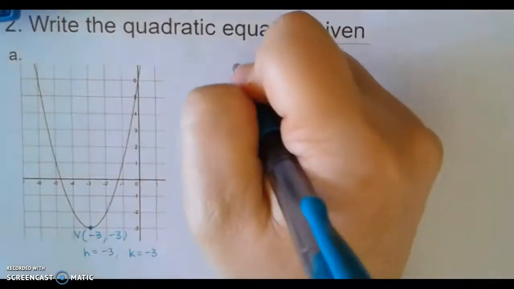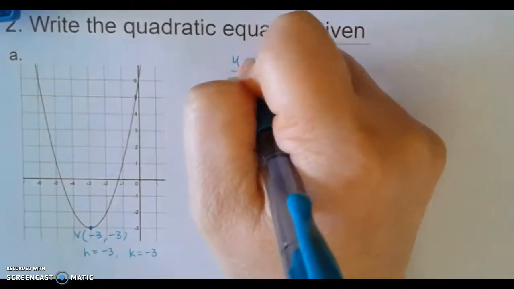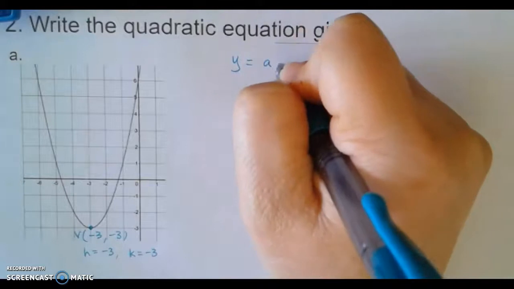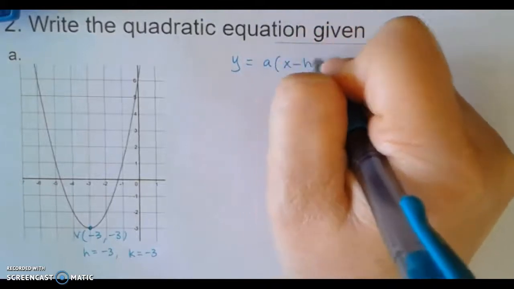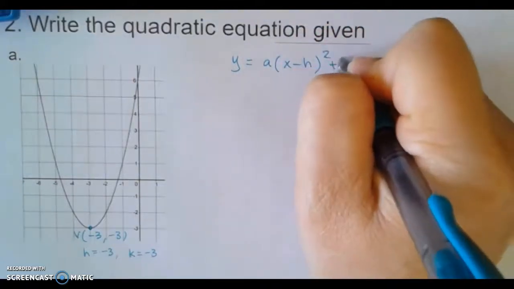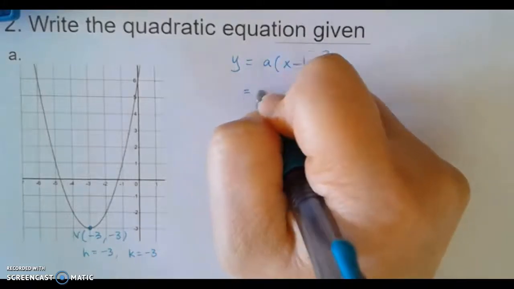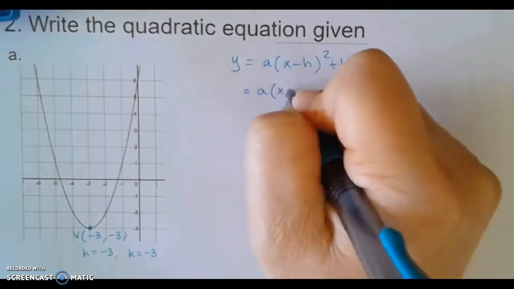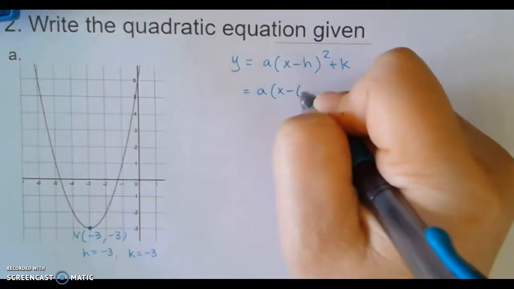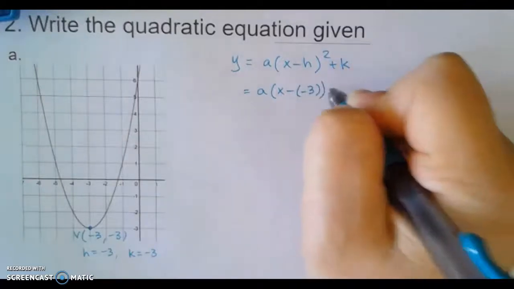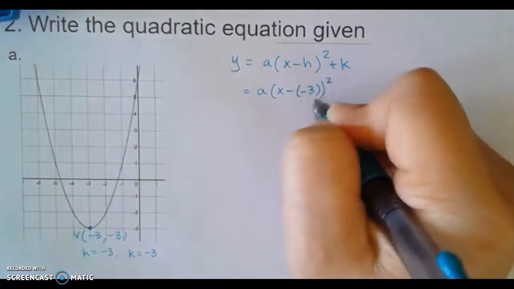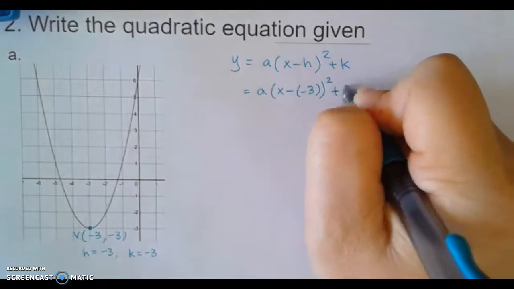So the vertex form of a quadratic equation is y is equal to a times x minus h all squared plus k. So I know that h is -3, so notice I am putting -3 here in parentheses so that I do not lose a negative, plus k.